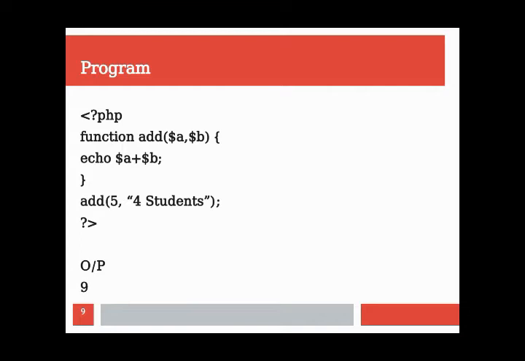So it will add 5 plus 4 and we will get the output 9. Though the second argument value is 4 students, it will truncate and only take the integer value. Hence, it will add 5 plus 4 and we get the output 9.